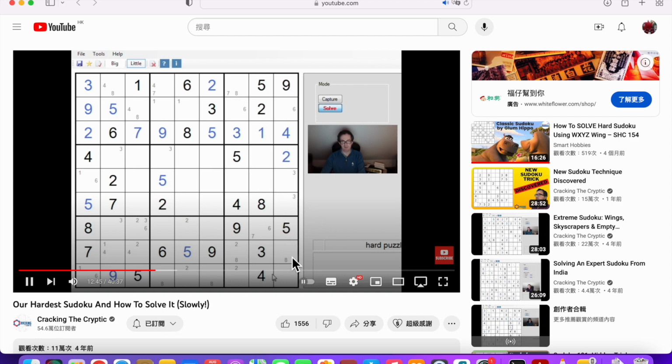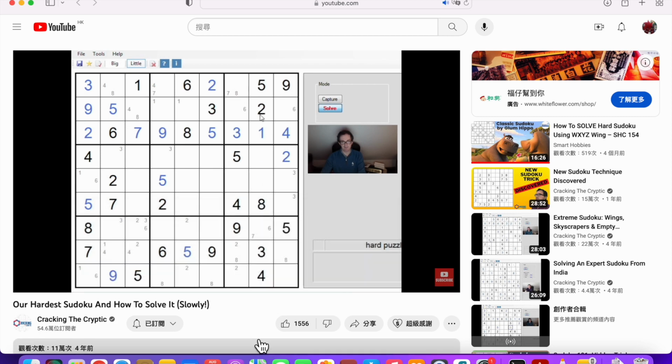Take another stare at the grid. Let's take another look at so what do I need here? 6, 7 and 9. There's a 9 in one of these 2 squares.